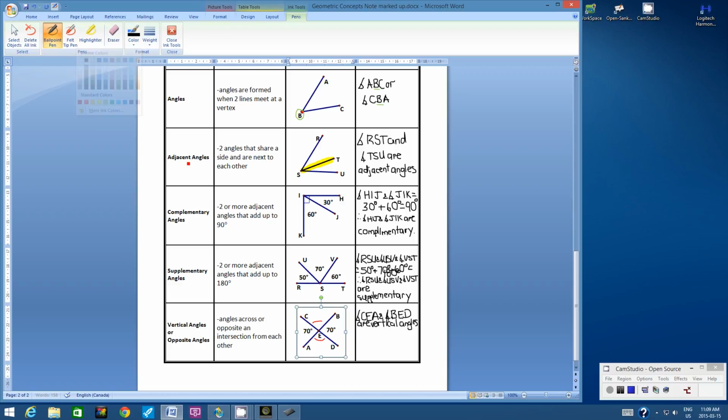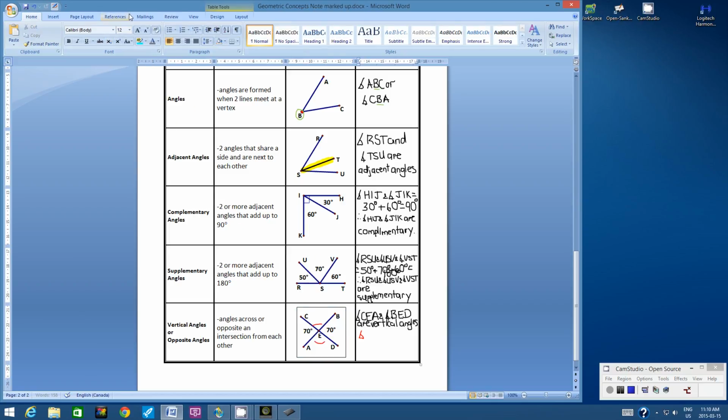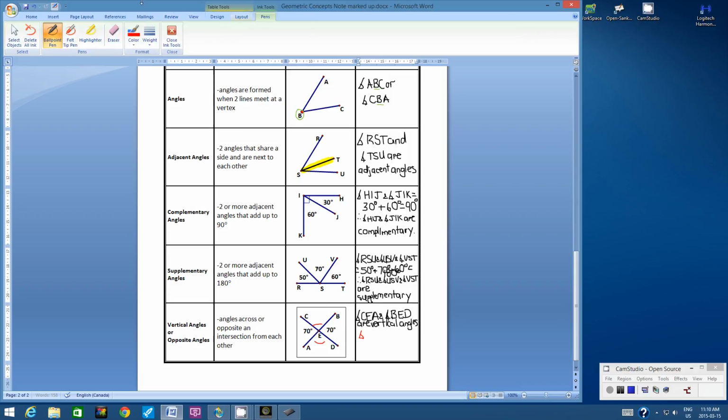Let's try that again. Sorry. Angle CEB and angle AED are also vertical angles.